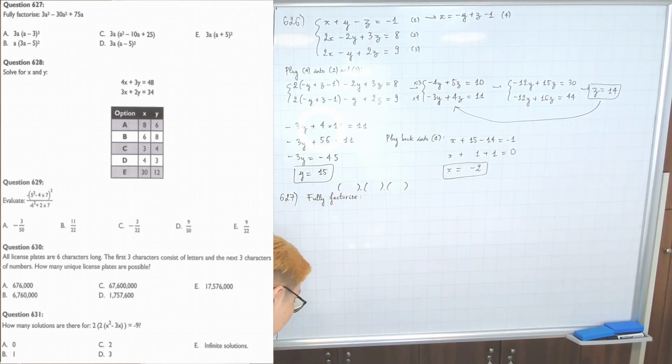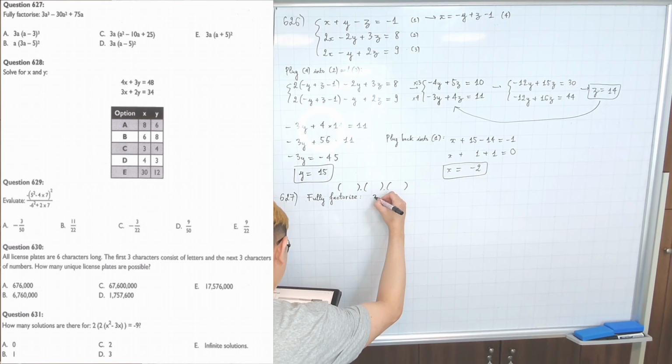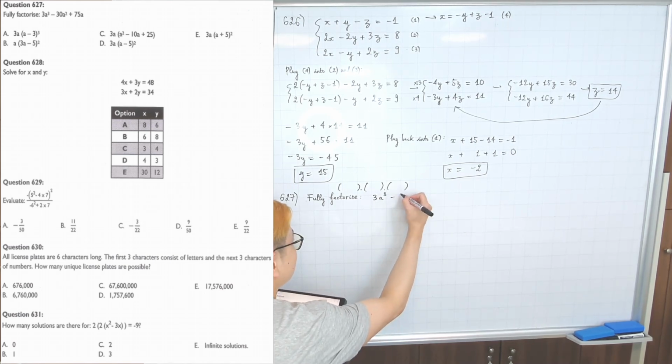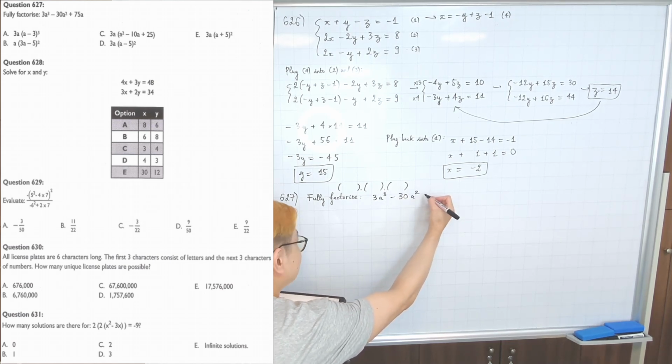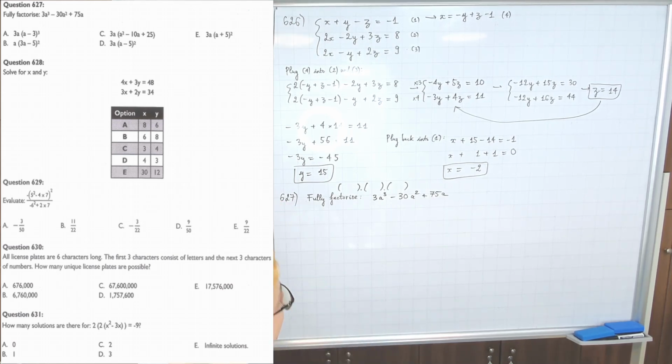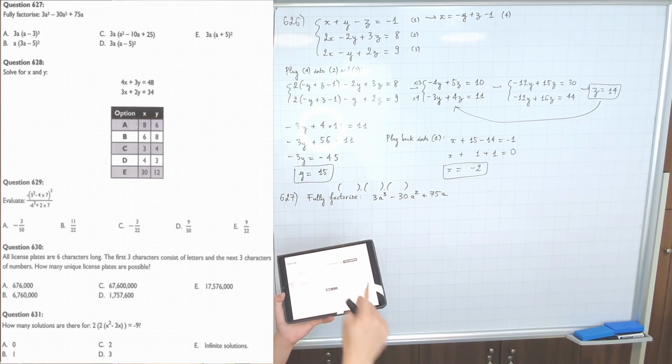You have to fully factorize 3a to the power of 3 minus 30a to the power of 2 plus 75a. Of course, all the terms have 3a in there, right?